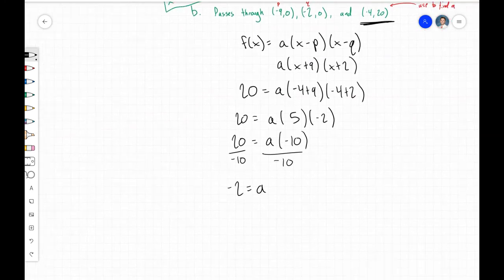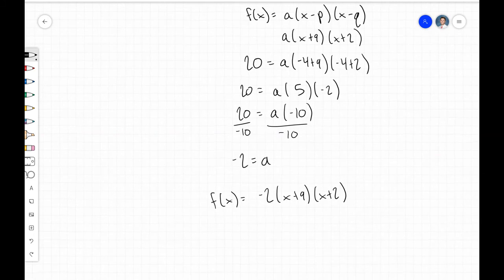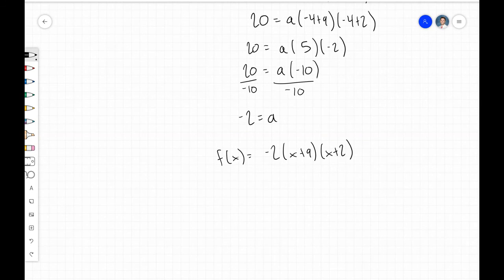So now I can write this function as f of x equals -2 times x plus 9, x plus 2. And the last step would be to multiply this out so that I can write this in standard form. So we'll start with x plus 9 times x plus 2.